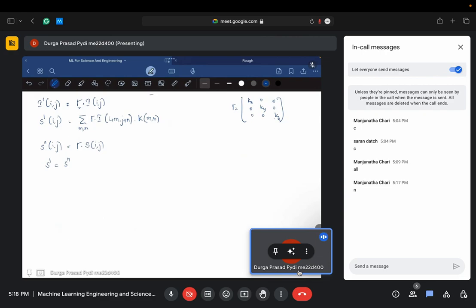In that particular scenario, gamma can be written as some constant, say gamma naught times the identity matrix, right? If all the scaling factors are constant. For that particular scenario, if all of them are equal to one particular constant, only in that scenario I can write this as gamma naught times S of ij.